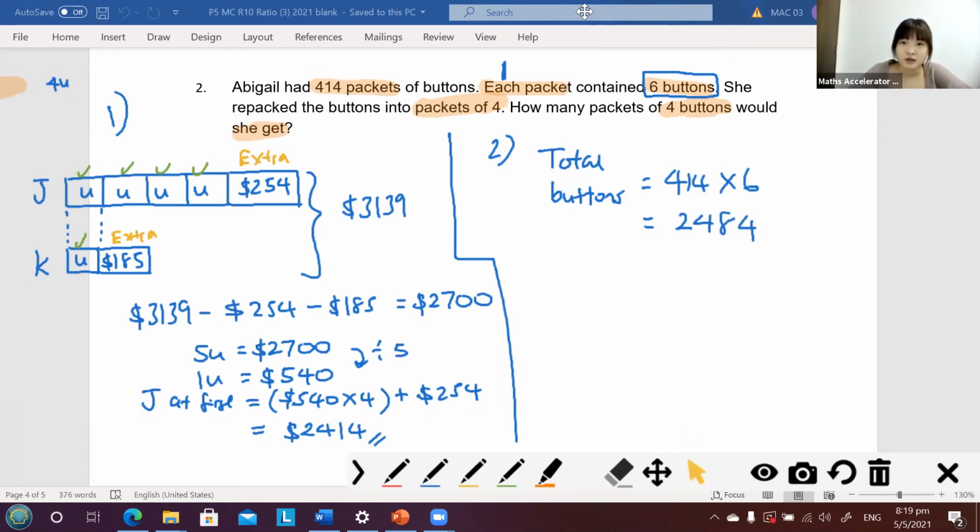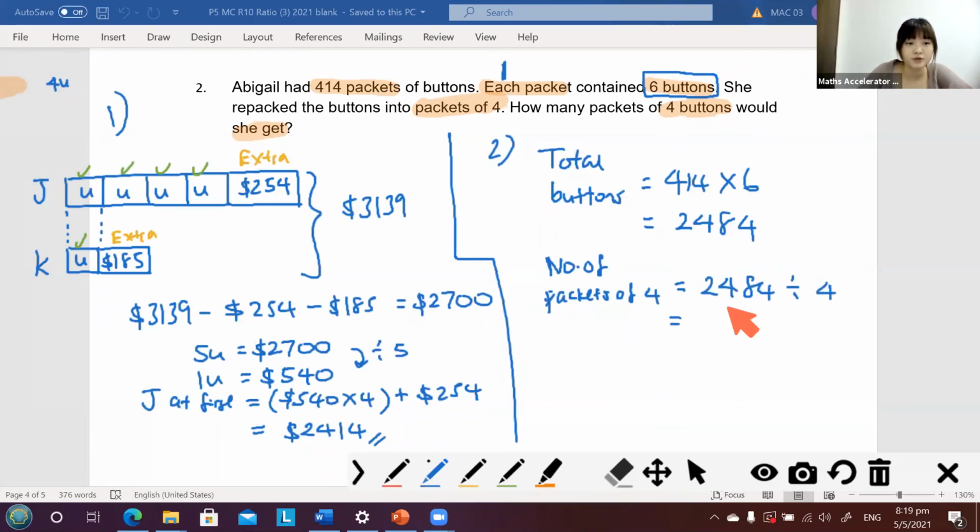So now, she's going to repack them into packets of 4. So how many packets will she have now? Number of packets of 4. Yes, okay, thank you. 2484 divided by 4.